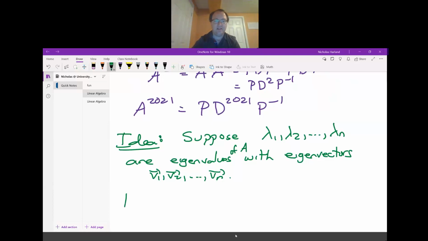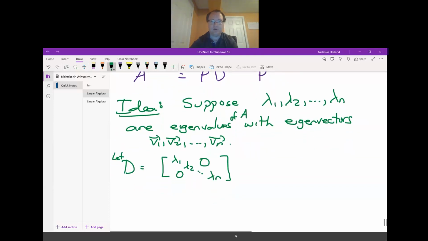And I'm going to let D be equal to the diagonal matrix lambda 1, lambda 2, all the way up to lambda n. And we're going to let P be equal to the matrix whose column vectors are those eigenvectors.